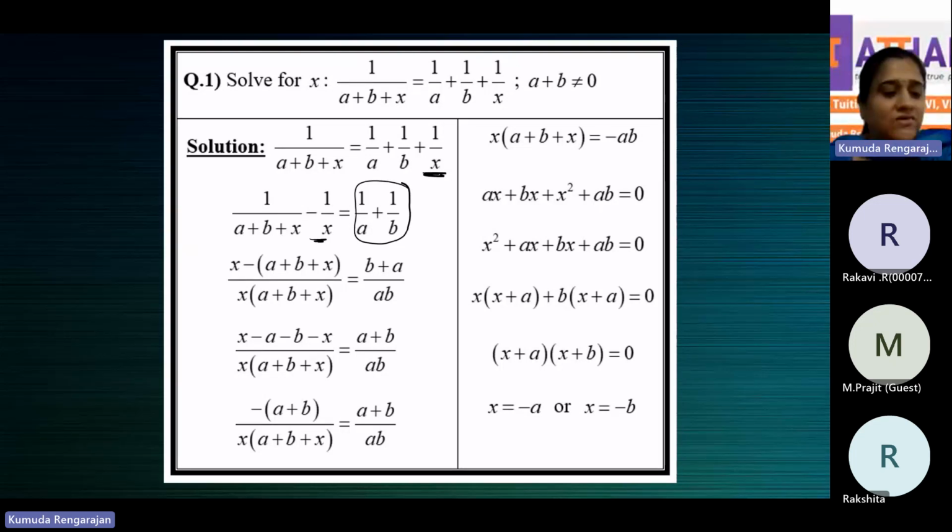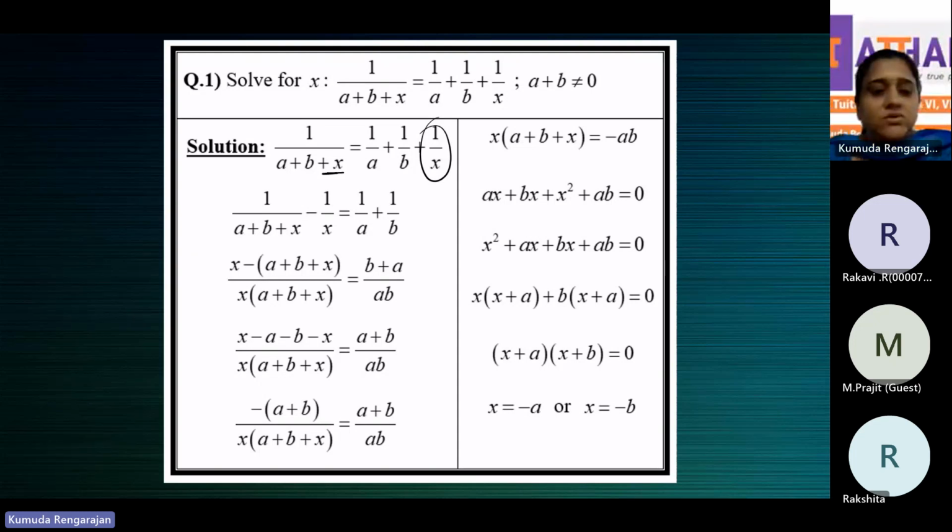But these terms have x in them. So we are basically gathering the x terms on one side and the terms that don't have x on the other side. That's all we're doing.